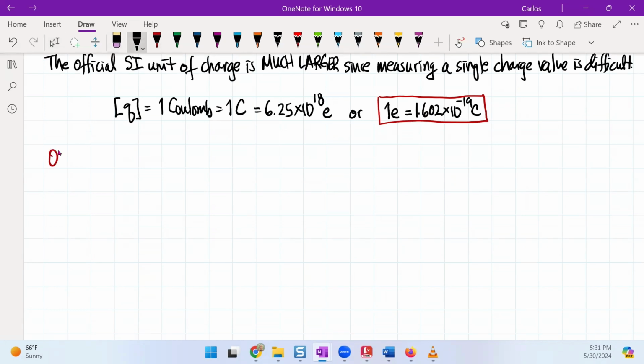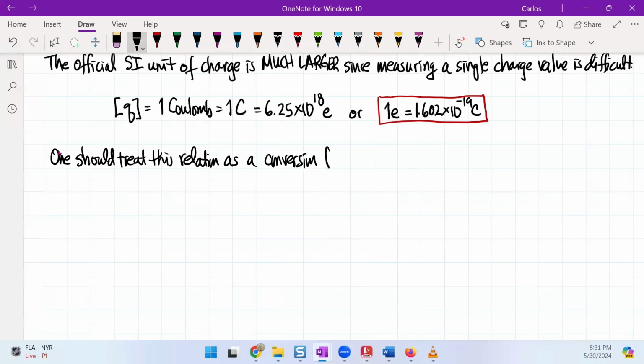One should treat this relation as a conversion factor.